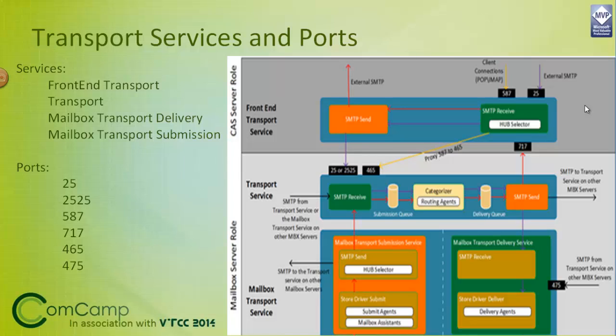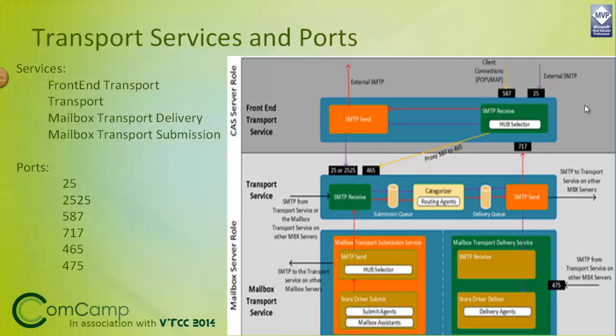When you create a send connector, you have an option to send mail destined to the internet directly from transport service, or to relay through the front-end transport service. If you relay through front-end transport service, then front-end transport service receives the email on port 717 from transport service.